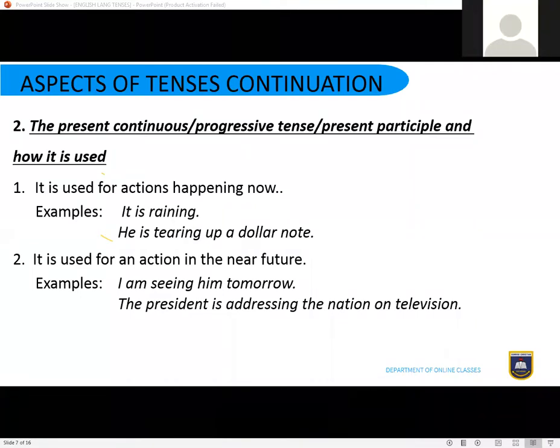Rosemond, tell us. Madam, future. Very good. So I'm seeing him tomorrow. It doesn't mean that he has seen him already.